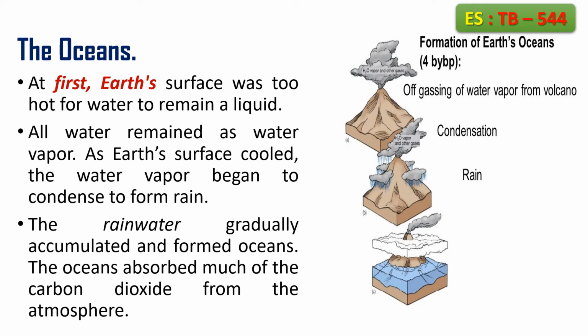The rainwater gradually accumulated and formed oceans. The oceans absorbed much of the carbon dioxide from the atmosphere.